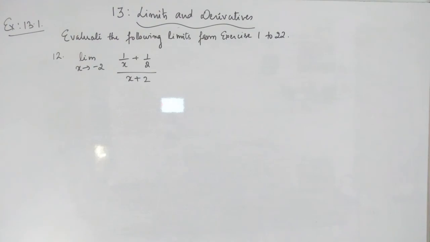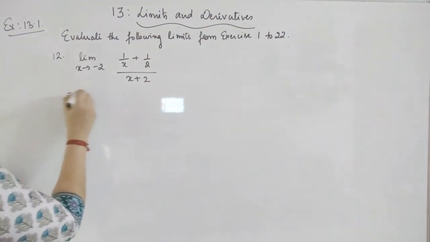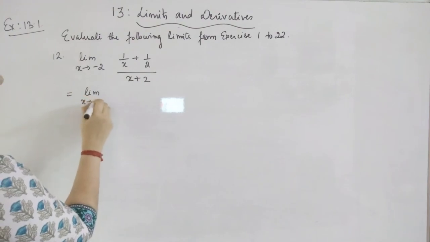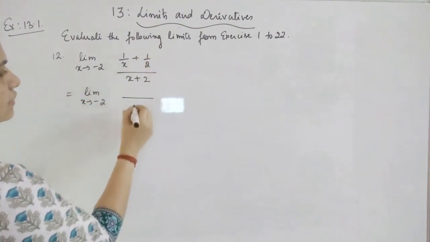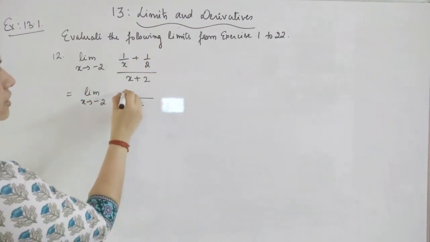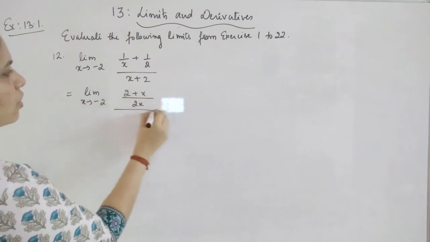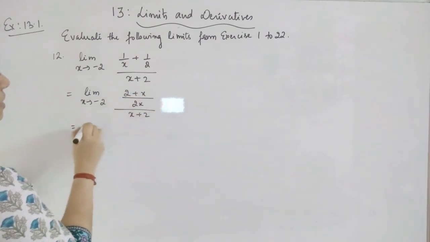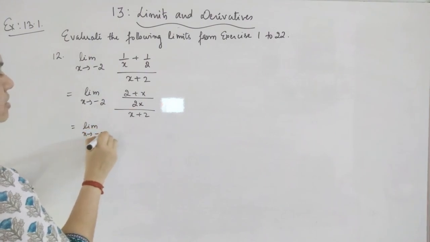Question number 12 is limit x tends to minus 2, 1 by x plus 1 by 2 whole divided by x plus 2. First of all, we will just simplify this. Limit x tends to minus 2, take the LCM for the numerator, you will get 2x and numerator will become 2 plus x, whole divided by x plus 2, which is equal to limit x tends to minus 2.